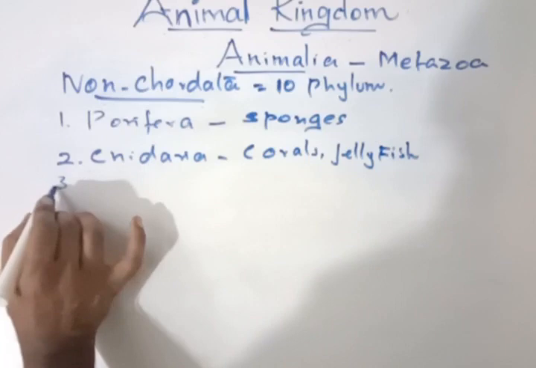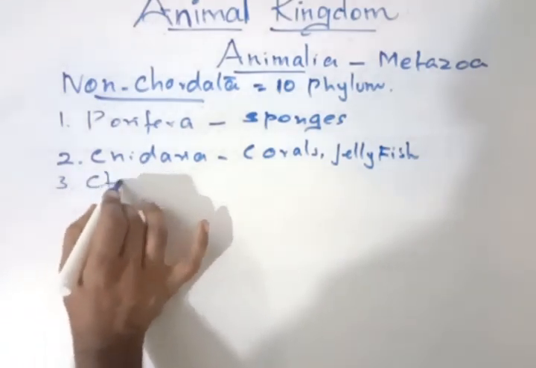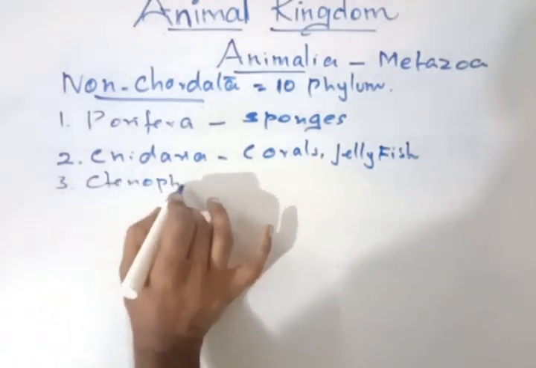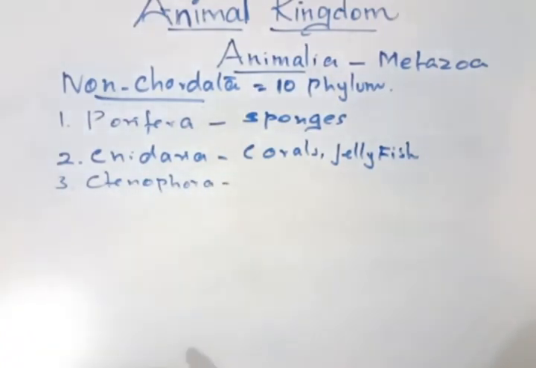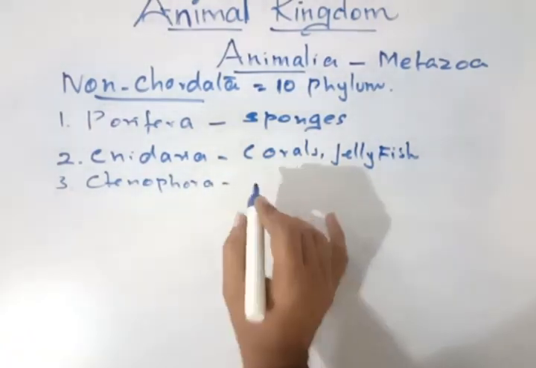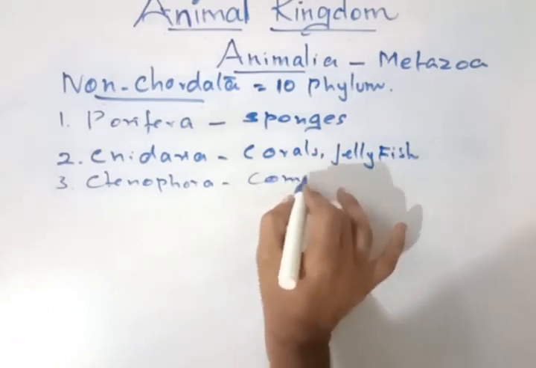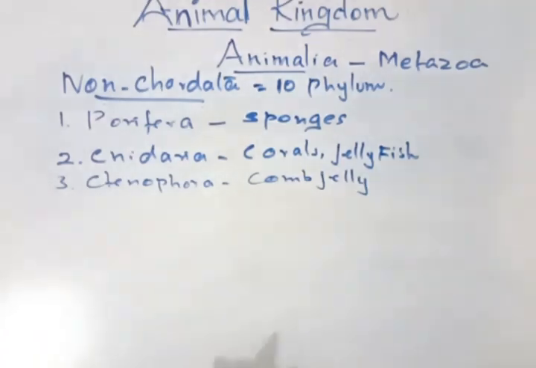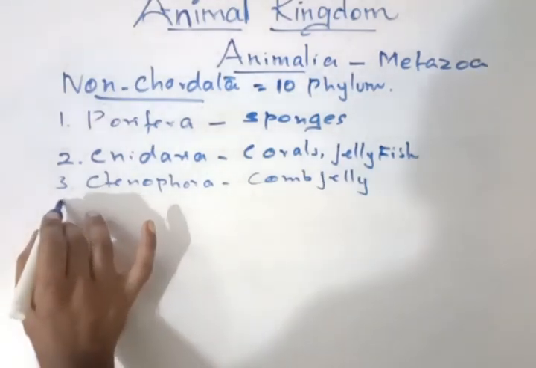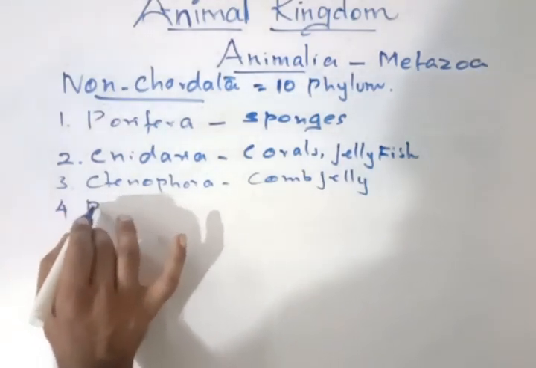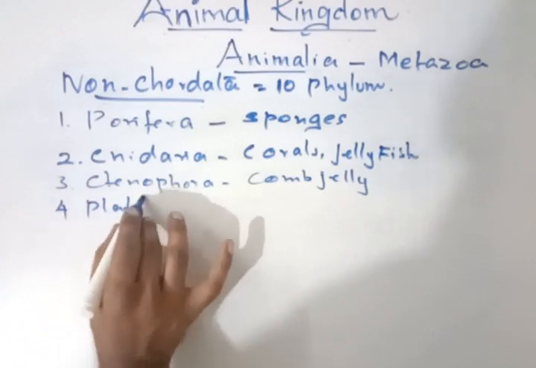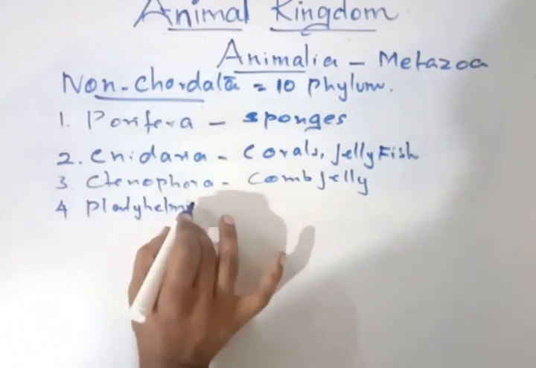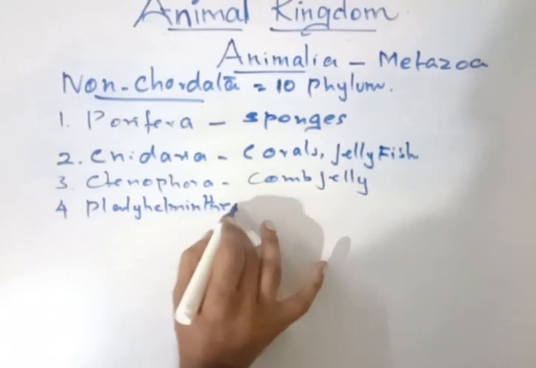The third one is Ctenophora. The example for Ctenophora is the comb jelly. Then the fourth one is Platyhelminthes.